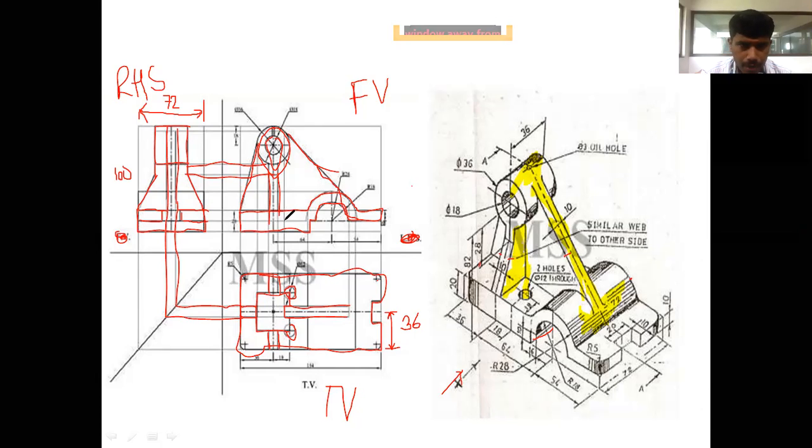And this is 100 by 154, and this total length is 72.